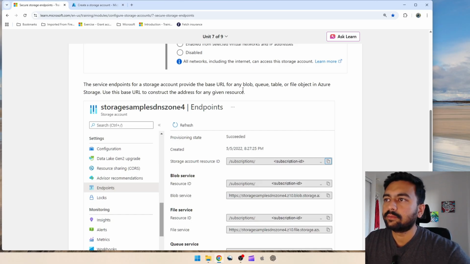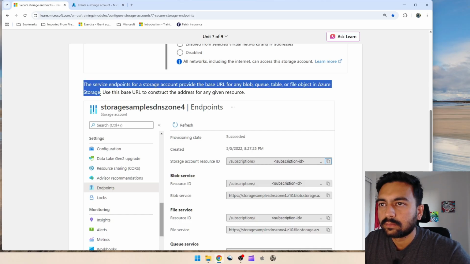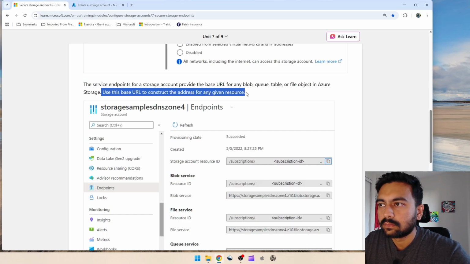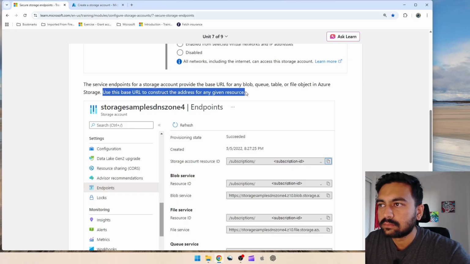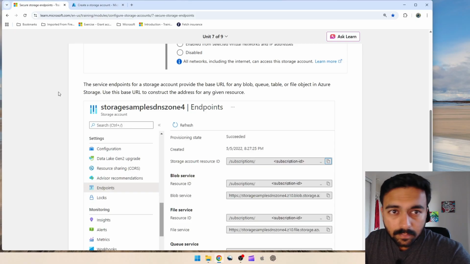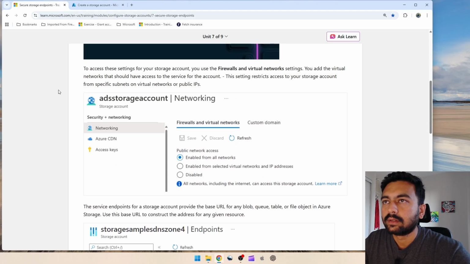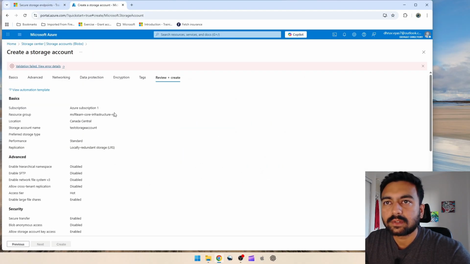Provide the base URL for any blob, queue, table, or file object in Azure. I'm sorry, I was thinking about whether this account has been created.